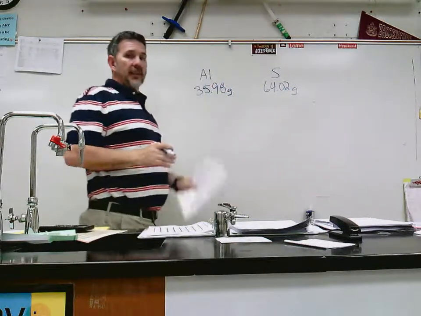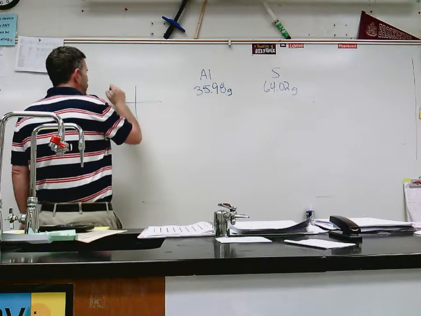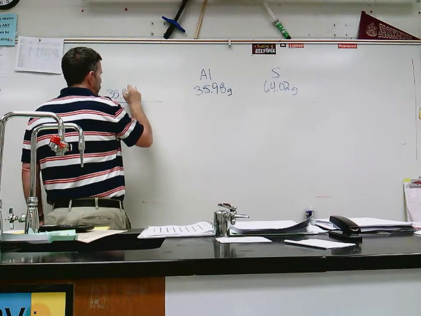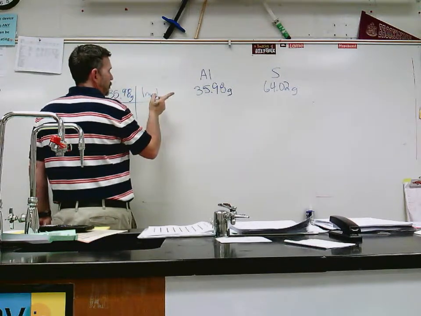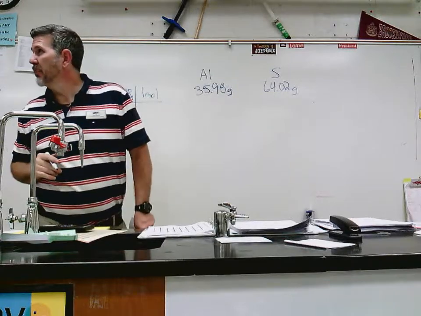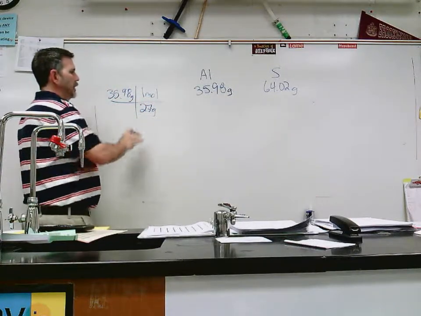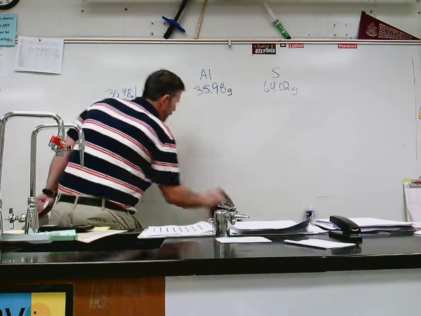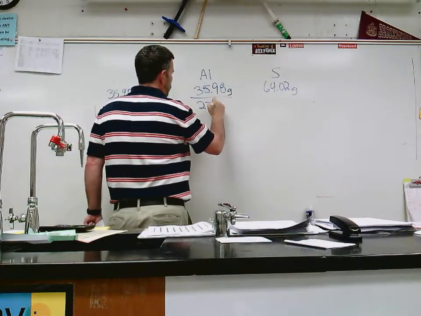The next thing we have to do is convert these to moles. Now, normally I would tell you to do a nice big conversion and do 98 grams and do 1 mole and do aluminum. What is 27 grams? But look, you're dividing. So in order to save room here, I'll leave this up. But what I'm going to do is I'm just going to divide by 27 grams.